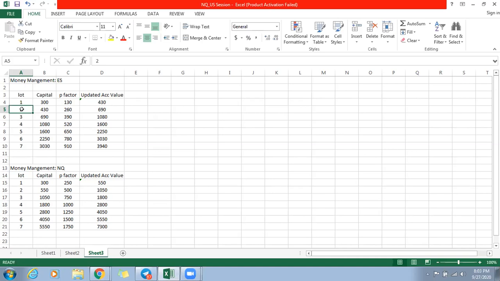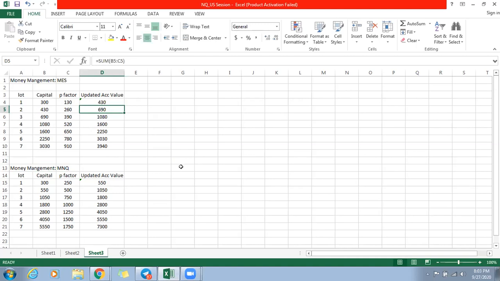This is more on the MES, the micro, because if you are using the ES, it's impossible to trade one lot with a capital of 300. Same for this one, which is MNQ. Then the same goes for the next step when I want to increase my position size: once the account reaches 690 or about that, or maybe sometimes 700, 710, I'm still using two lot position size.